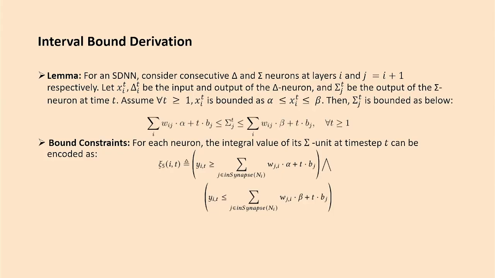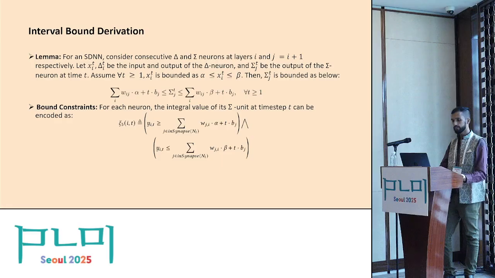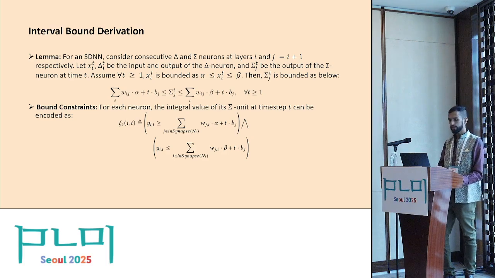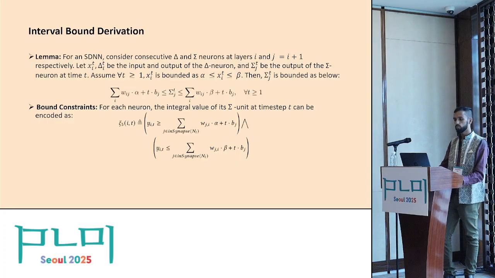Next we do an interval bound derivation, where we propose a lemma along with the proof. It states that for an SDNN, consider consecutive delta and sigma neurons at layers i and the consecutive layer j equal to i plus 1 respectively. Let x_i^t and delta_i^t be the input and the output of the delta neuron, and sigma_j^t the output of the sigma neuron at time t.